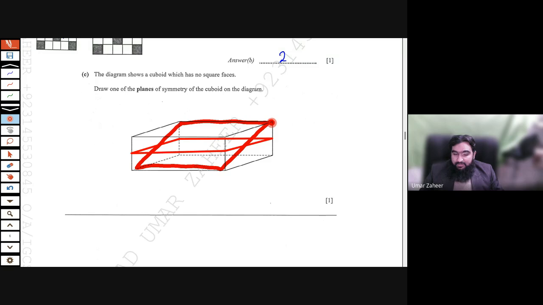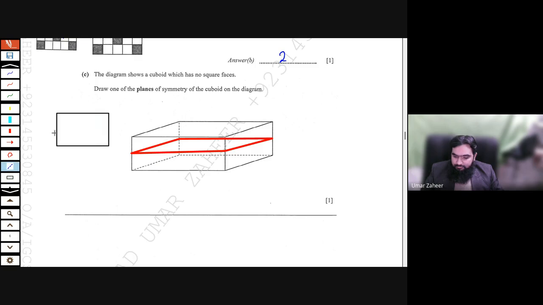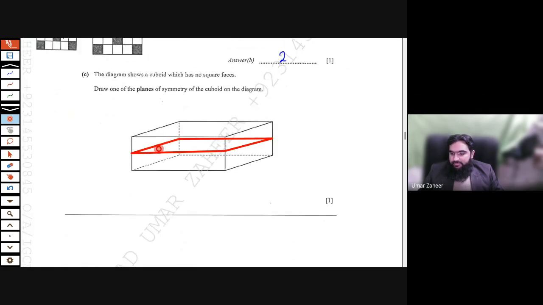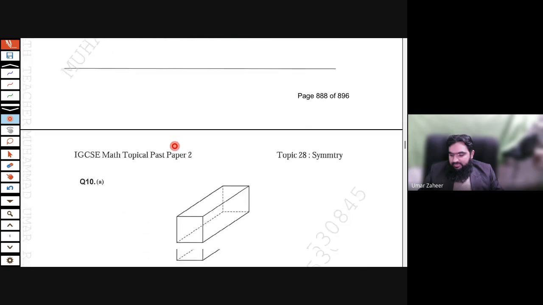And you know that in a rectangle, the diagonal is not a line of symmetry. So that's why we cannot draw here. If it is a square face, then we can. Yes, it is clear? Any question? We just have to draw one.